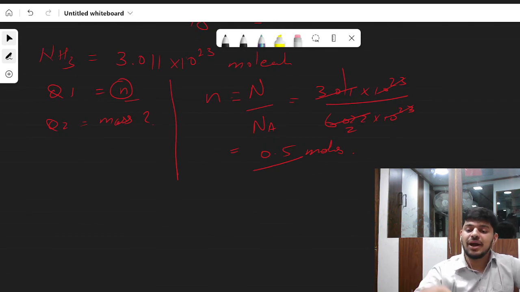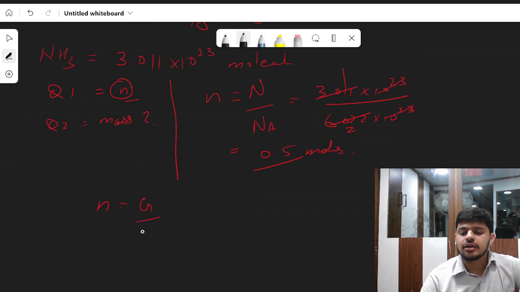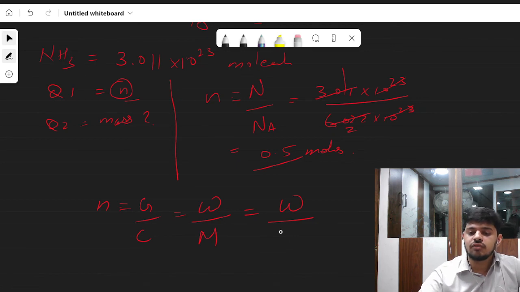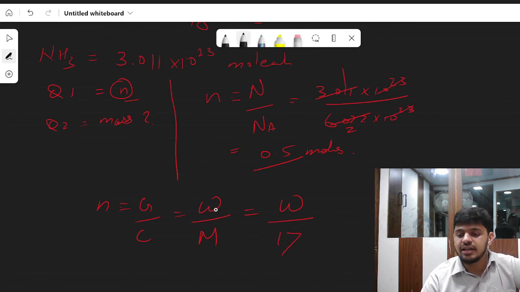Okay, so this is the 0.5 moles. Now we will come back to the mass. How about the mass? I told you number of moles was equal to given by constant. If we talk about the mass, mass means given mass by molar mass. So I want to calculate the given mass, and what will be the molar mass of ammonia? Nitrogen is 14, 14 plus 3, 17, so it is 17. Given mass by molar mass is equal to the number of moles, which is 0.5.